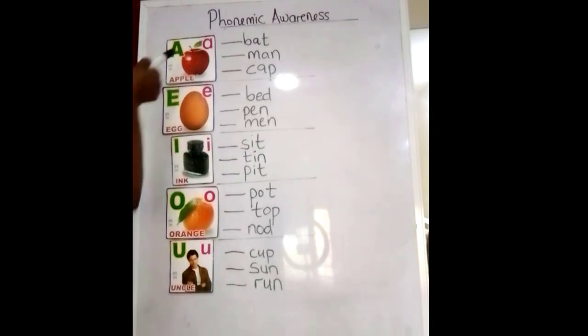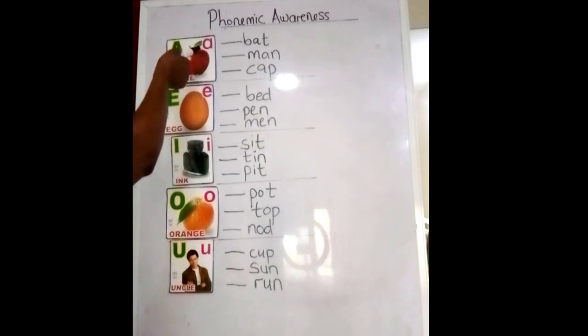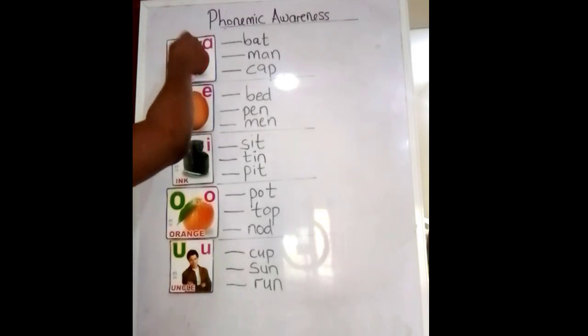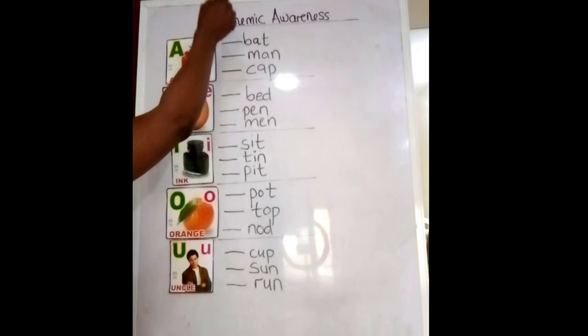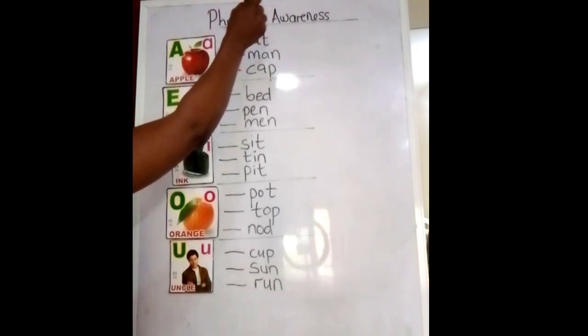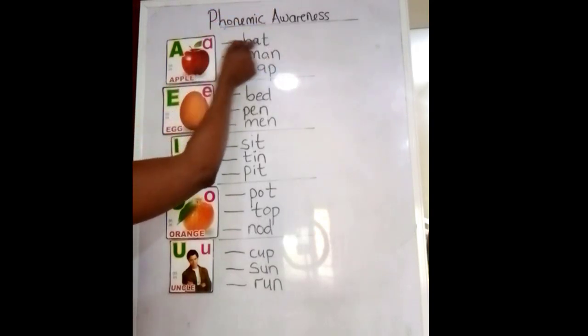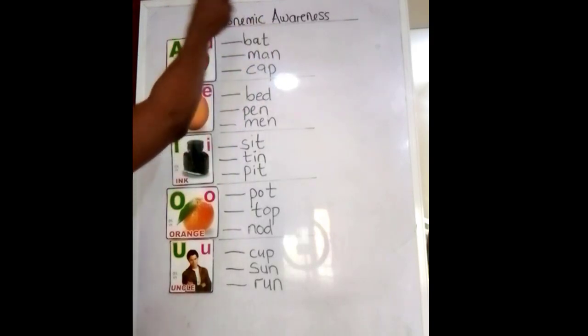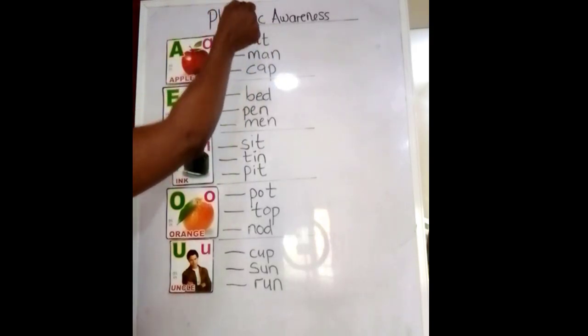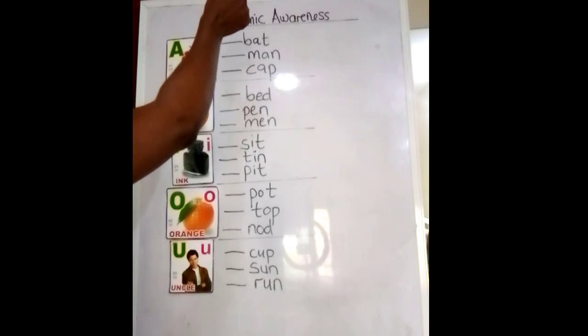So the first one here is letter A that makes the sound A. We have some examples here. Words like bat, man, cat. You hear the sound A in the middle of each of the words.